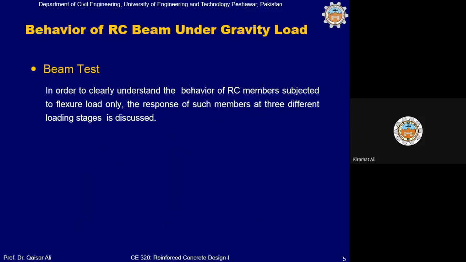Now if we design a beam as per ACI 318 and test that beam, how will the beam respond to the load? In order to clearly understand the behavior of RC members subjected to flexure load only, the response of such members at 3 different loading stages will be discussed.